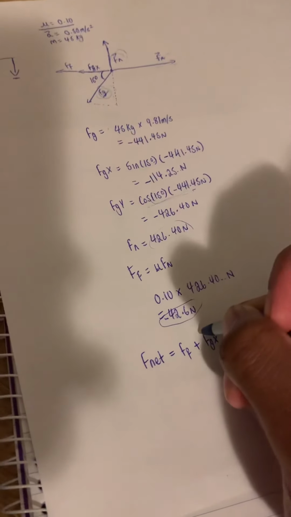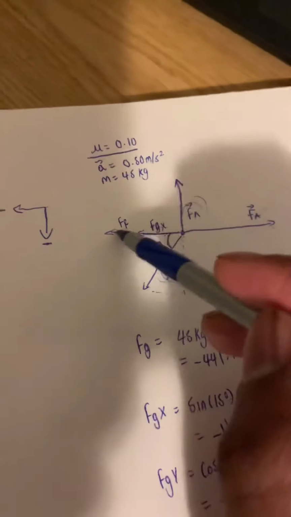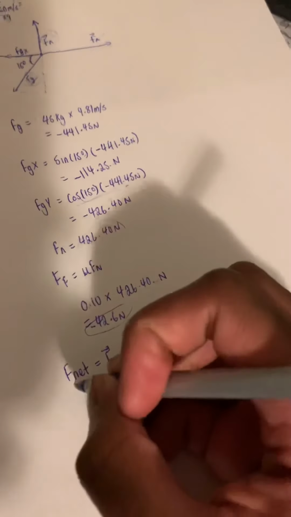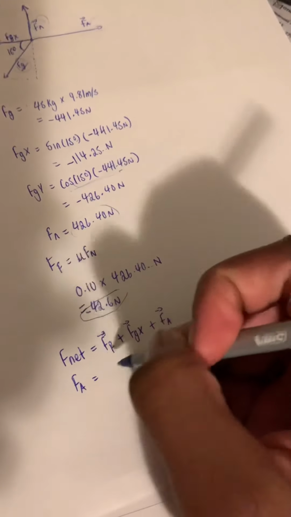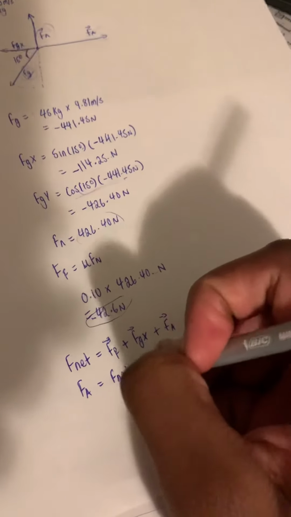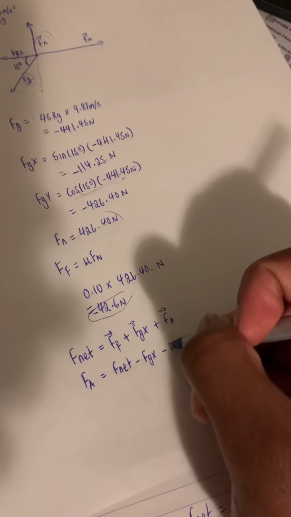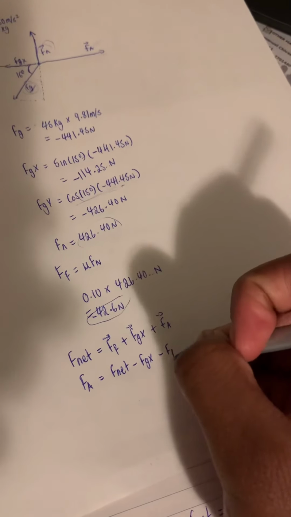So these are the forces from this line right here added together. Now after this is rearranged, it's going to give us Fa equals Fnet minus Fgx minus frictional force.